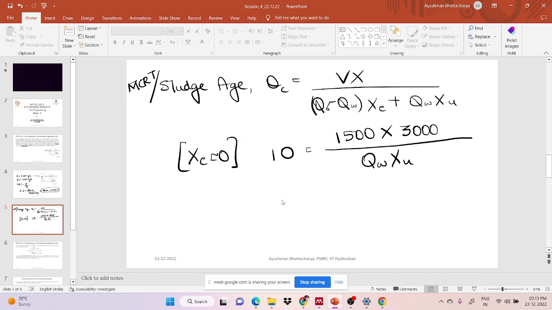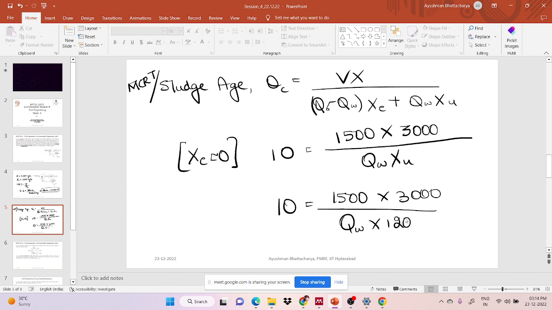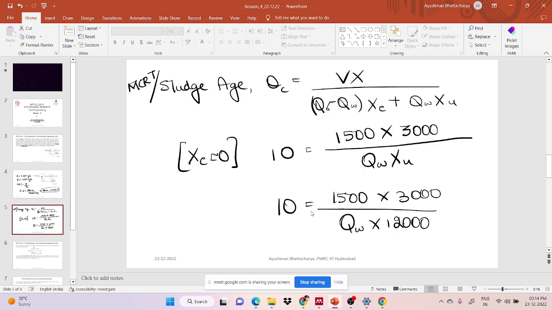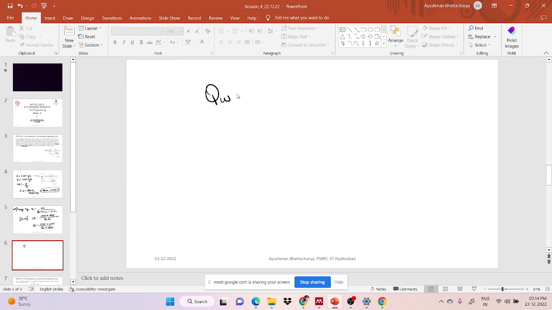From here QW you will get 1500 into 3000 by QW into XU, so XU they have mentioned as 12,000. So from here we will get the value of QW.